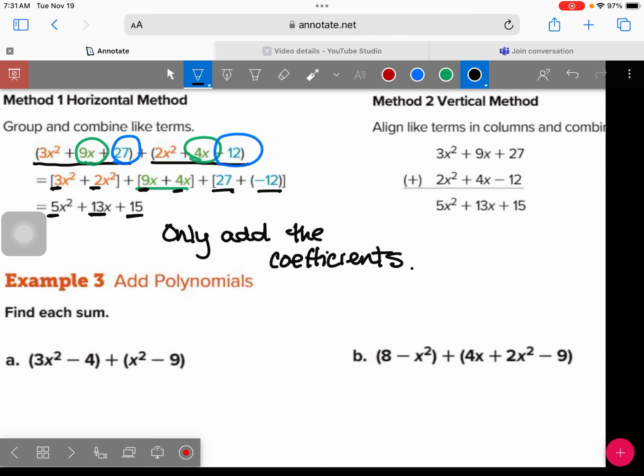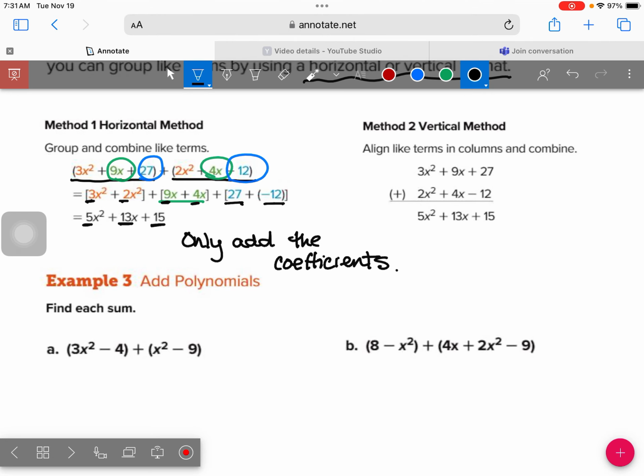Okay? Method number 2, these are still the same 2 trinomials, but notice they have lined them up vertically. So 3x squared and 2x squared is right here, and then they added 3 plus 2 gave you 5x squared. Then they have 9x and 4x, that's the x family, and they added those together and got 13.